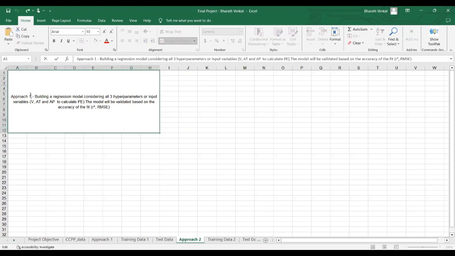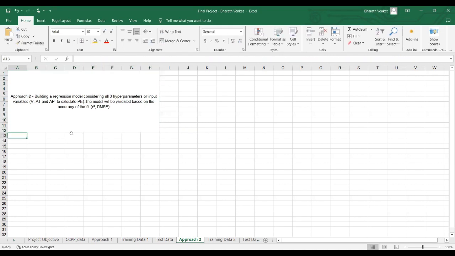So what is approach two? Approach two is basically building a regression model considering just three hyperparameters or input variables. We are going to remove the relative humidity, and we are going to calculate using the vacuum, atmospheric temperature, and the pressure. We're going to use the same outputs, that is the R square, which is the fit of the model, and the root mean square error.